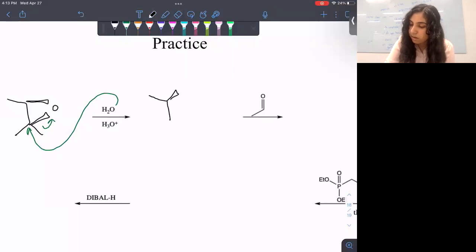So the top alcohol, its stereochemistry is still wedged because it did not get attacked. The bottom carbon that was more substituted got attacked by a substitution reaction, so that stereochemistry got inverted.